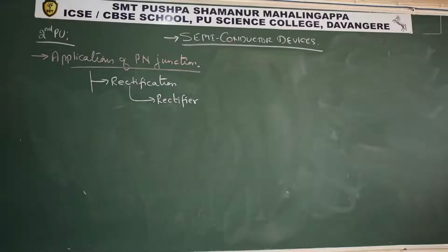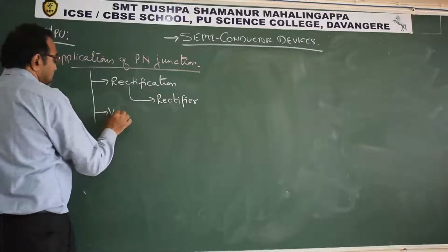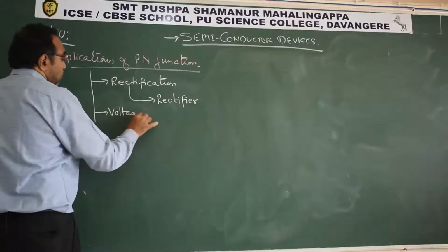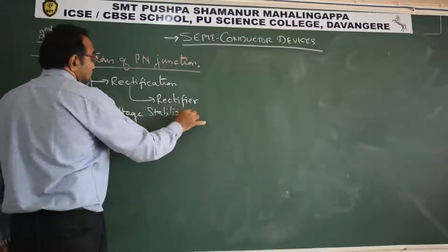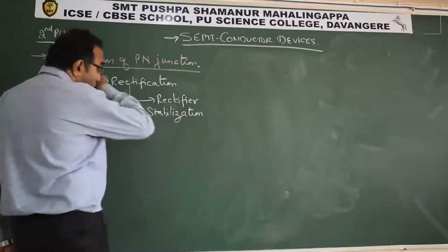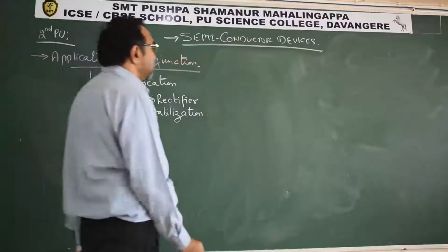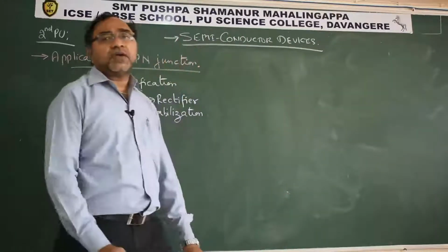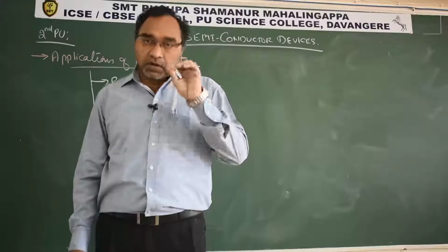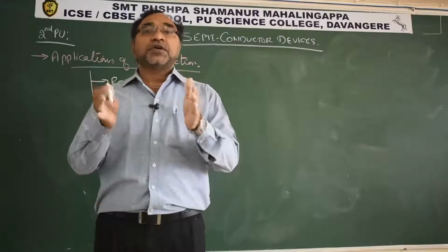So the second application that we have in case of PN junction is voltage stabilization. How exactly are we able to achieve this? Let us say, where do we use it? I think this is a very common word, voltage stabilizer. In good old days, there used to be very big voltage stabilizers.